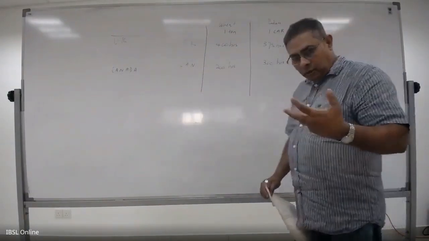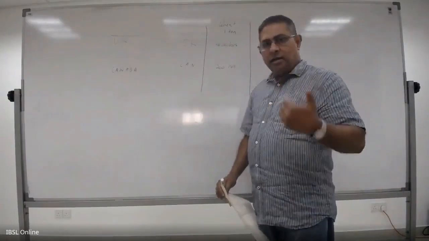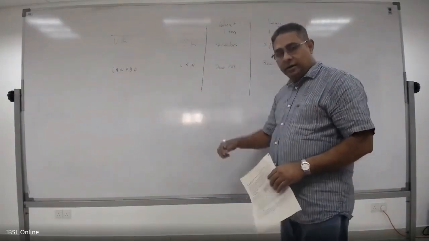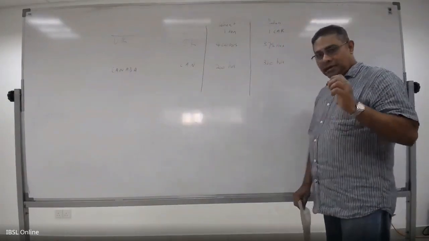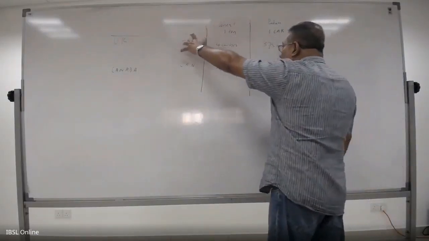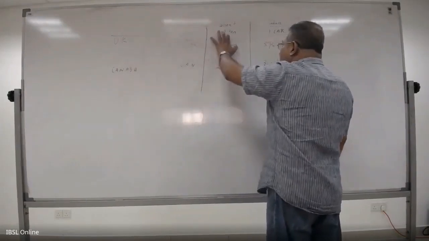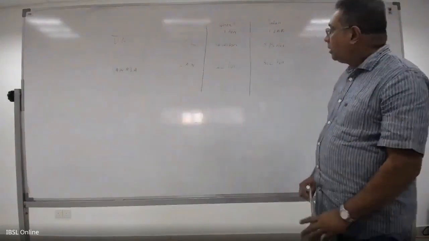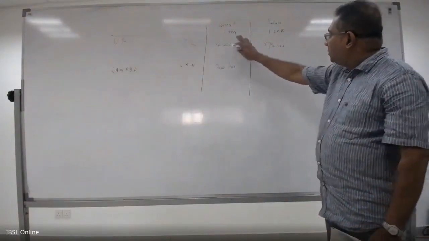If the opportunity cost is taken into consideration, I have given a second grid. I'll explain how it has come. It takes 400 hours to produce 1 ton, and 300 hours to produce 1 car.